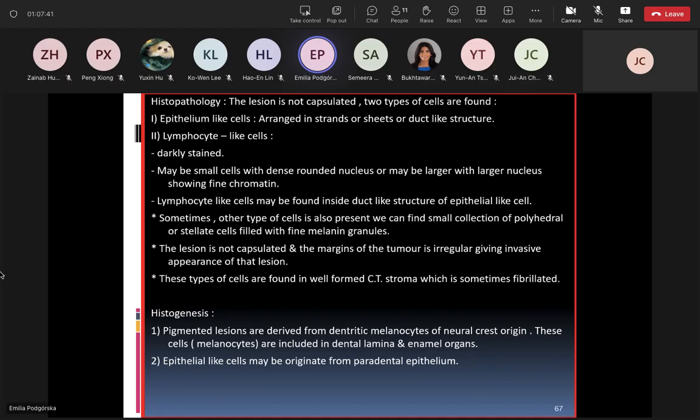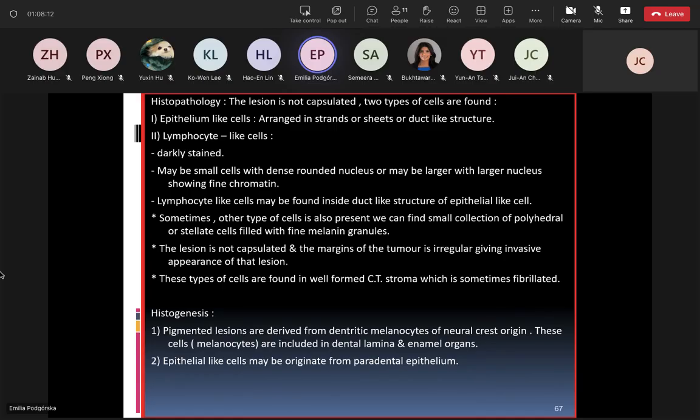The lesion is not encapsulated. Two types of cells are found: epithelium-like cells arranged in strands or sheets with duct-like structures, and lymphocyte-like cells that may be small cells with a dense rounded nucleus or larger cells with a larger nucleus showing fine chromatin. Lymphocyte-like cells may be found inside the duct-like structures of epithelial-like cells.